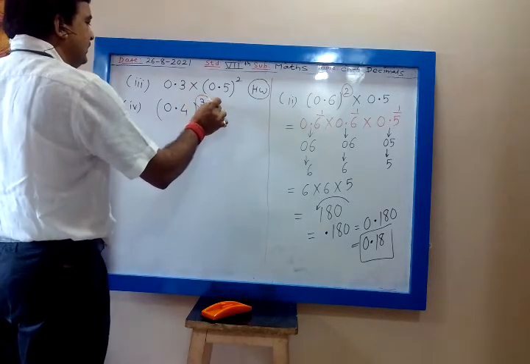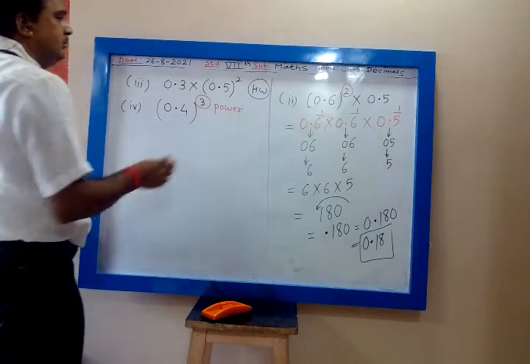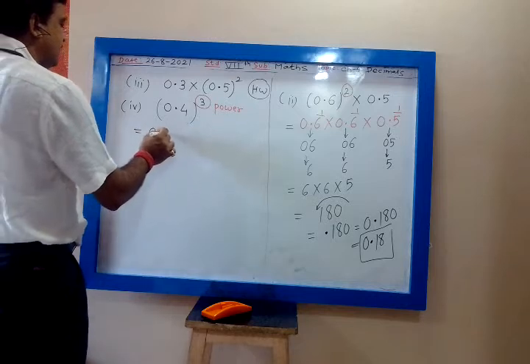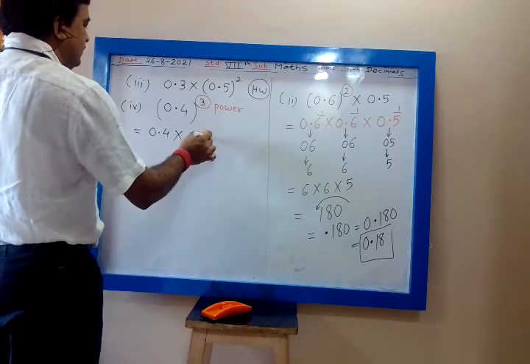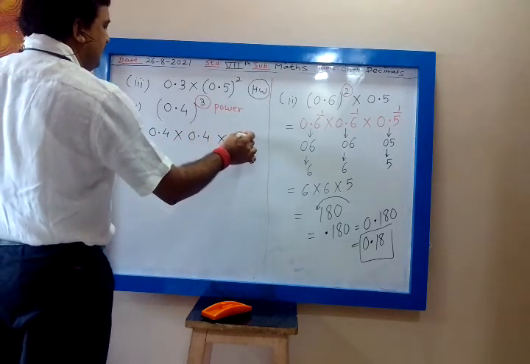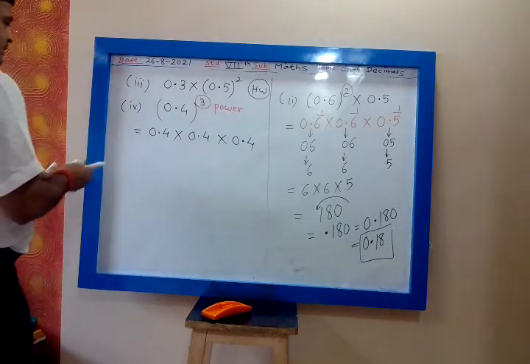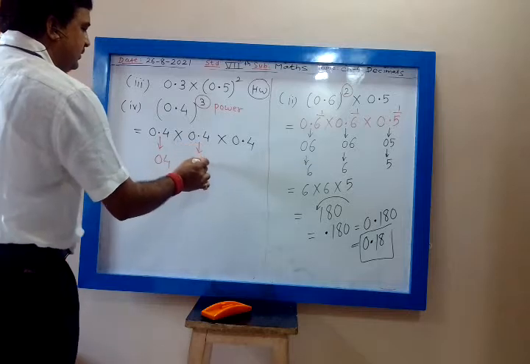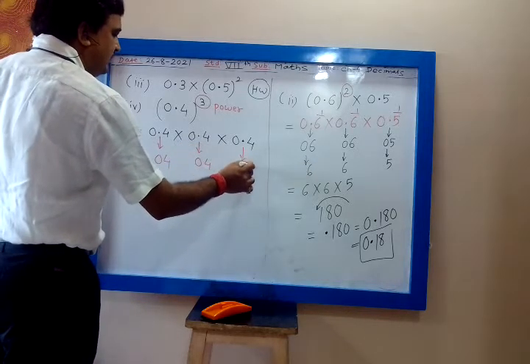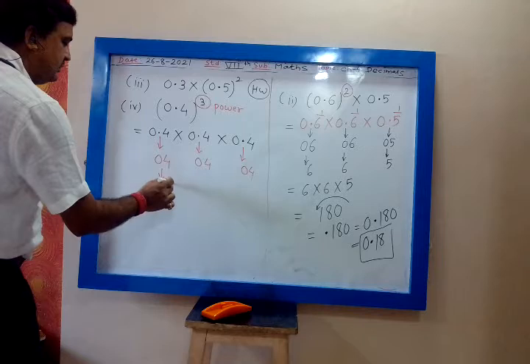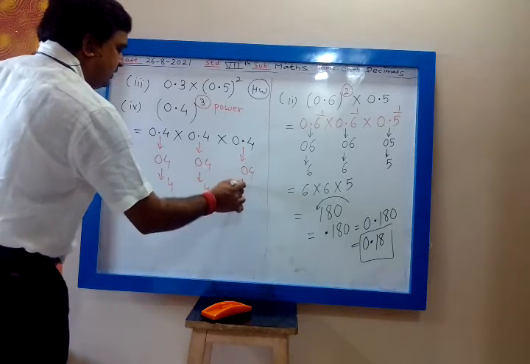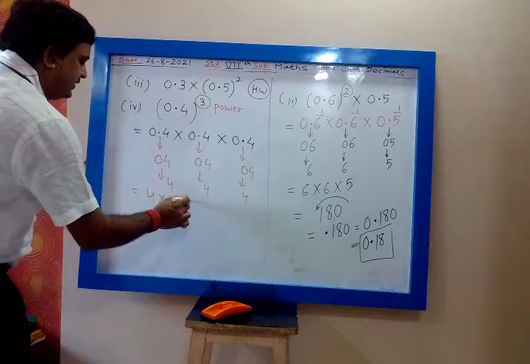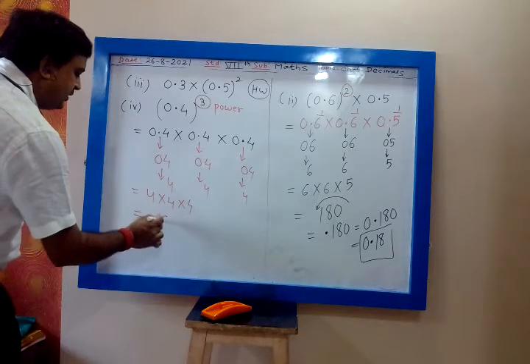Power is 3, my dear, so 3 times: 0.4 into 0.4 into 0.4. While multiplying, neglect the decimal. 0.4 is the same as 4. So that will be 4 into 4 into 4. 4 4s are 16, 16 4s are 64.